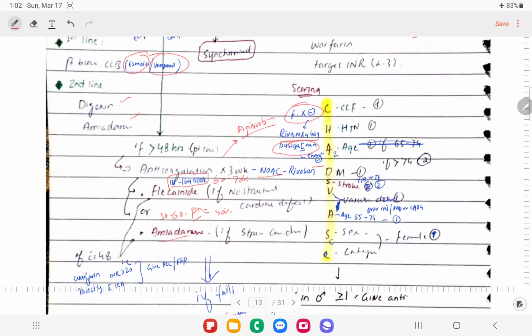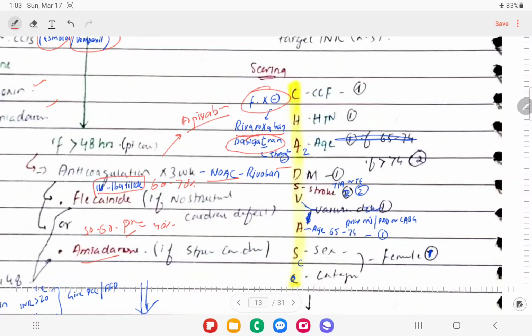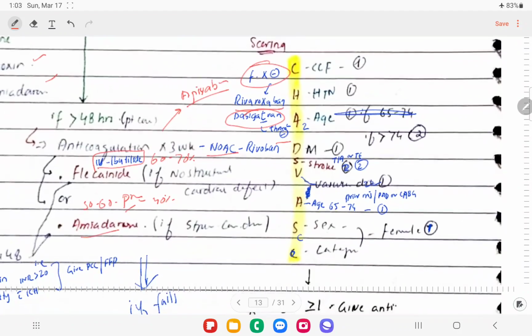If the duration is unknown in acute patients, those who present with acute atrial fibrillation, we have to calculate the CHA2DS2-VASc score, right? C stands for congestive cardiac failure, H stands for hypertension, age if it is more than 74 gets 2 marks.